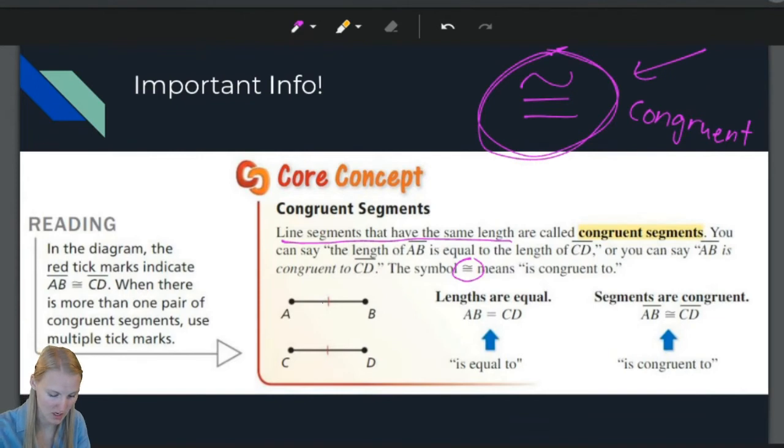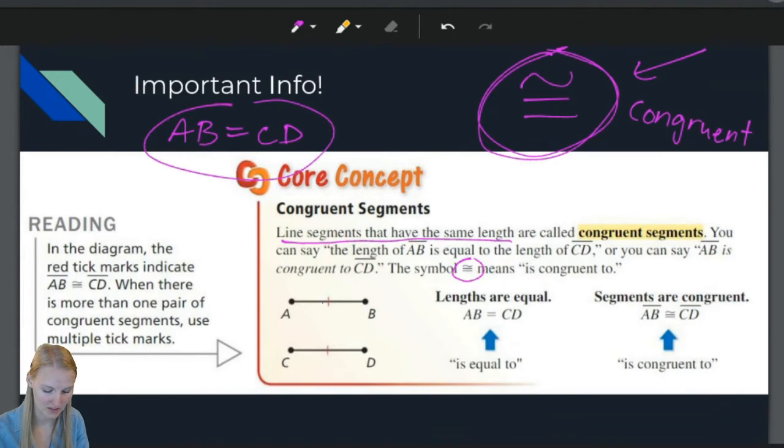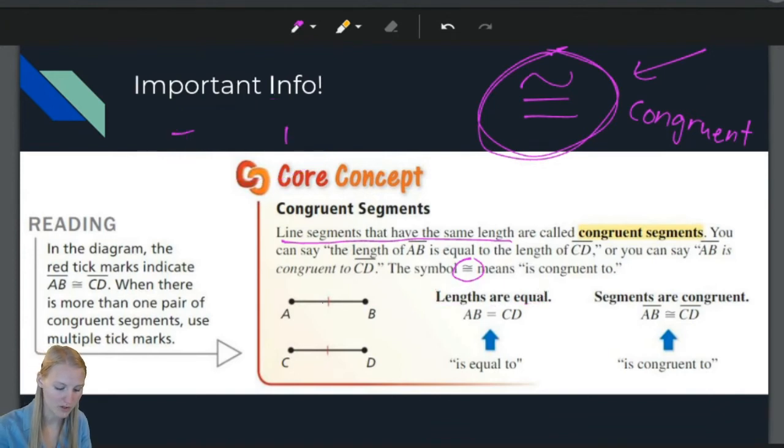You just say AB is equal to CD, and you do not need the lines above them. So what this says is the lengths are equal. If you want to say the segments are congruent, now you do need the lines, and you need the special squiggly equal sign that means congruent to.